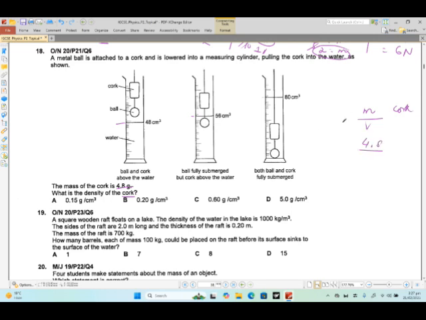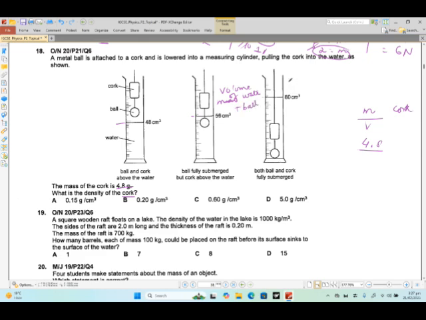To find the volume, we will simply subtract 56 from 80, because this gives you the volume of water plus the ball. ठीक है?